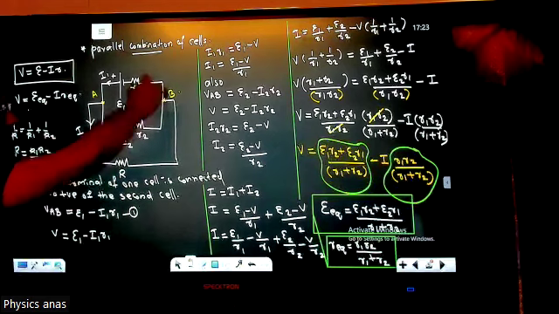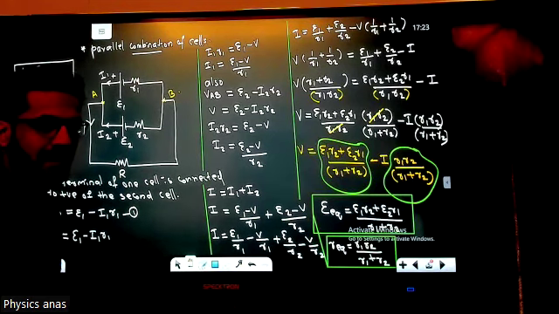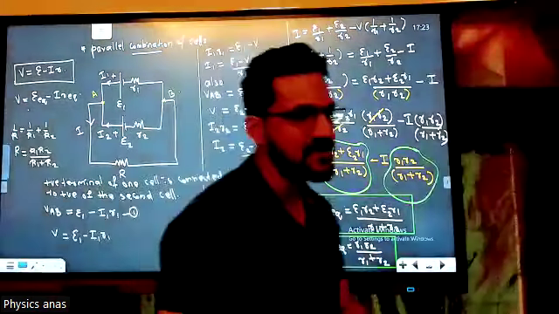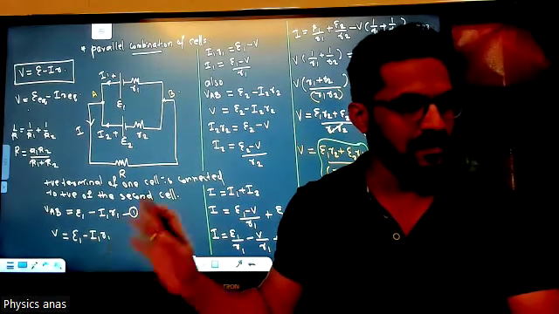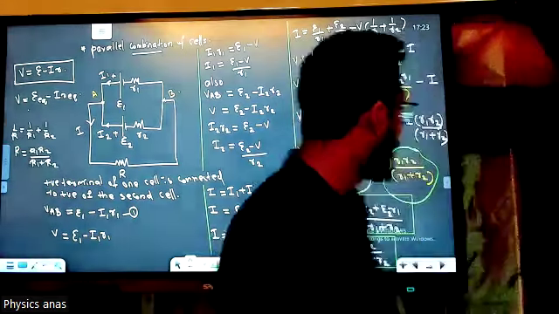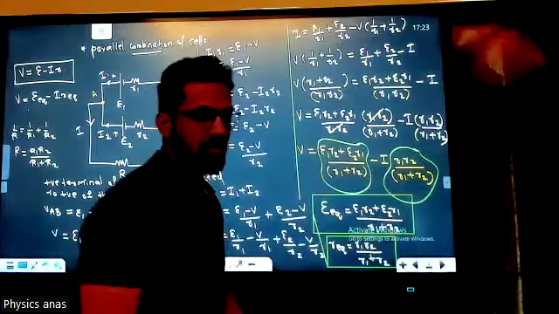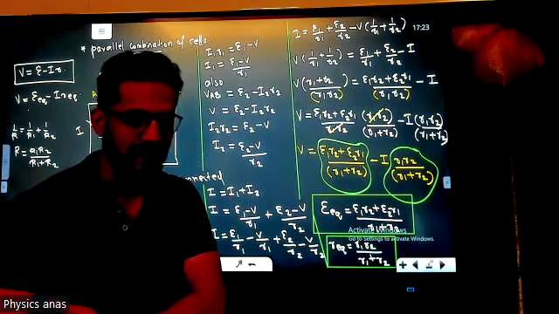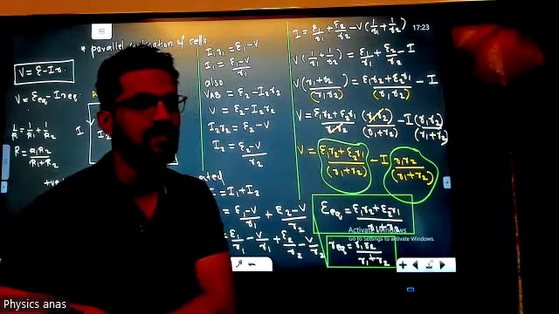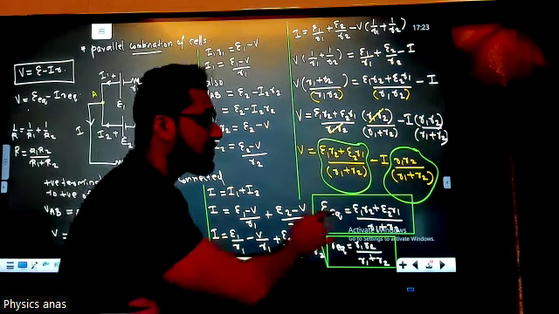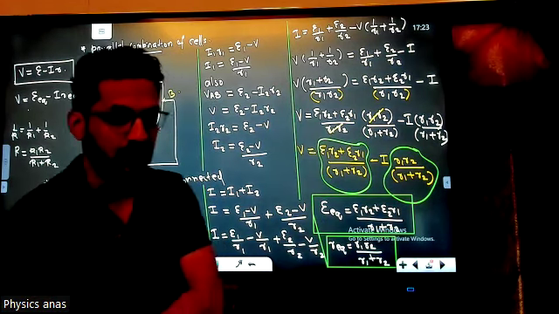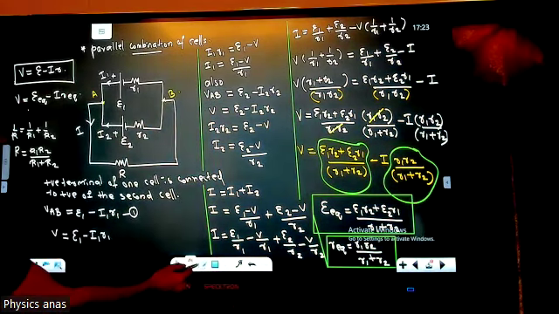So if the cells are connected in parallel, internal resistance will be equivalent resistance in parallel, but equivalent EMF will be like this: E1 R2 plus E2 R1 divided by R1 plus R2 will be the equation for equivalent EMF.